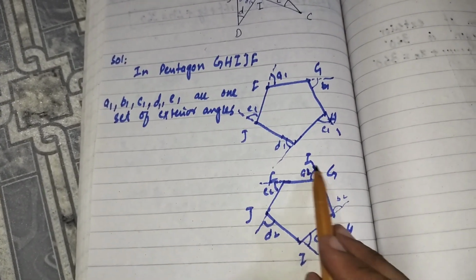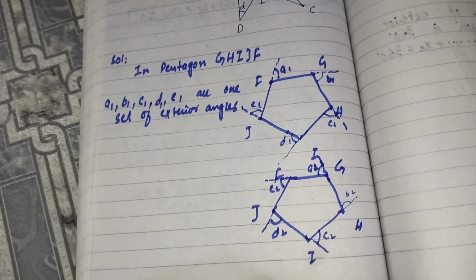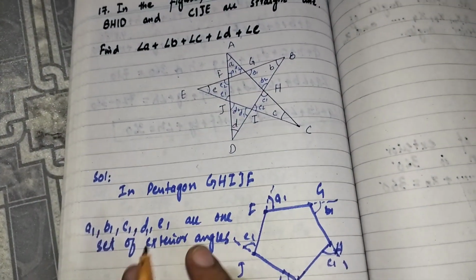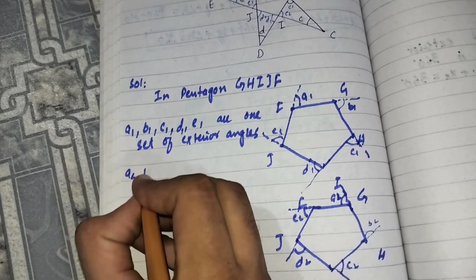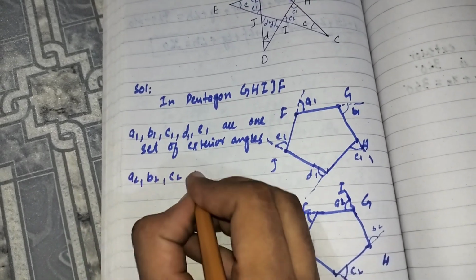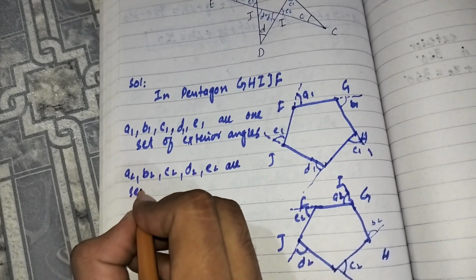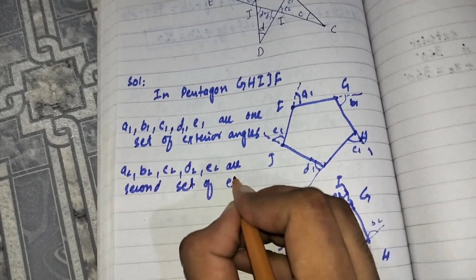If I take the exterior angles this way, these are all the second set of exterior angles. So in this figure we have two sets of exterior angles: A2, B2, C2, D2, E2 are the second set of exterior angles of the given pentagon.